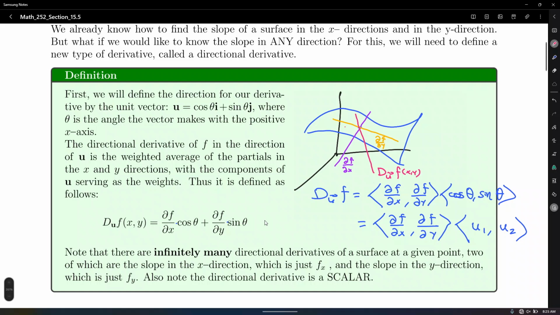Rather than sticking to the trigonometric version, we just changed the notation to a u notation, which denotes the components of a unit vector. And again, doing the dot product between these two, you get the formulation we've been using. But what I want you to see is that we're finding the dot product between a unit vector and the gradient. When I first did this, I didn't mention anything about the gradient. Now we know that it is the gradient indeed.